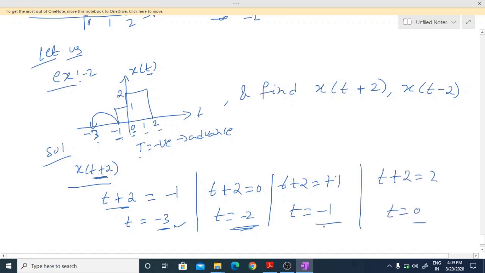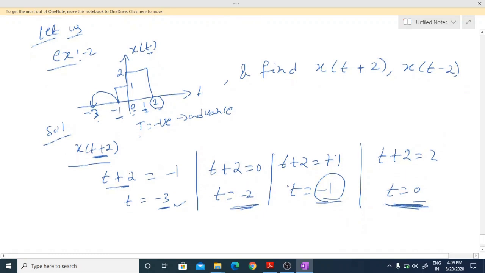So the amplitude 2 at t equal to 1 will be shifted to -1, and the amplitude at t equal to 2 in the original signal x of t will be shifted to t equal to 0.